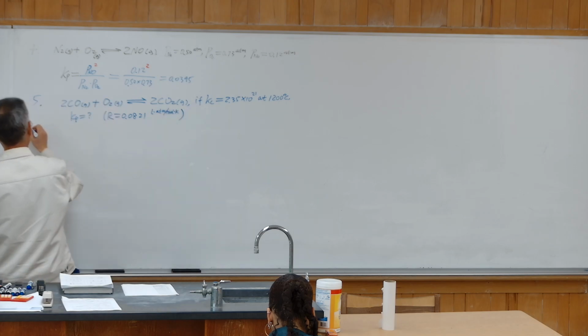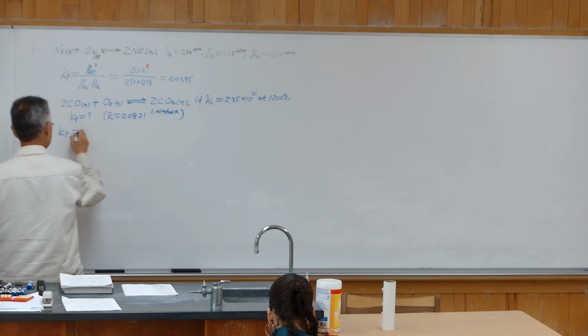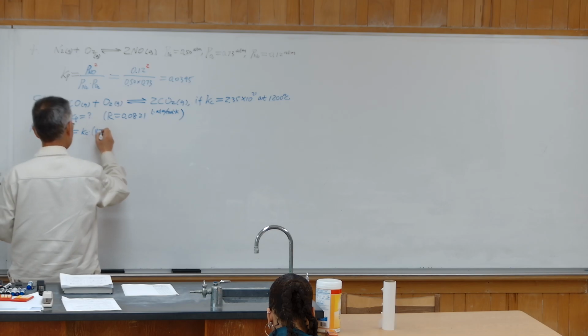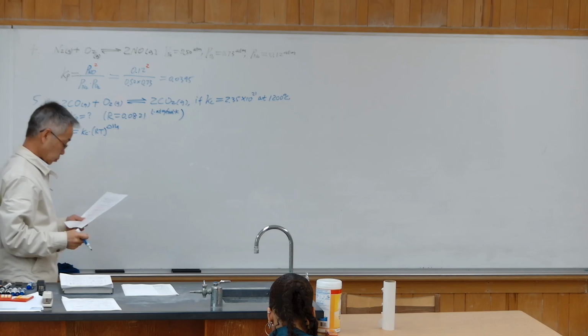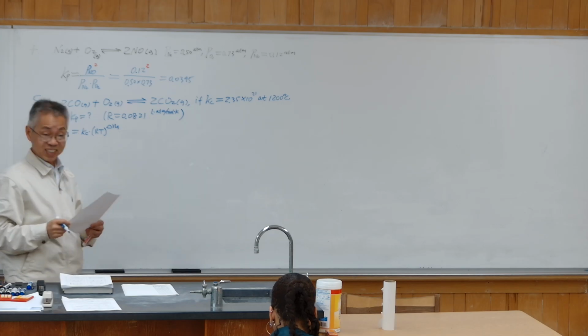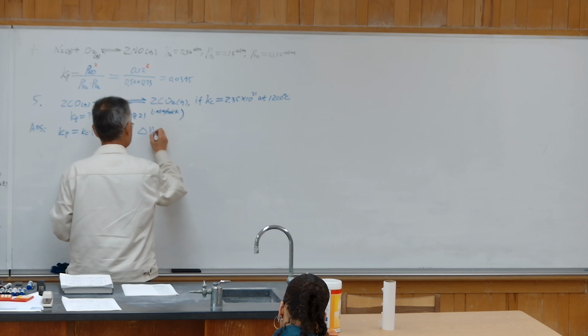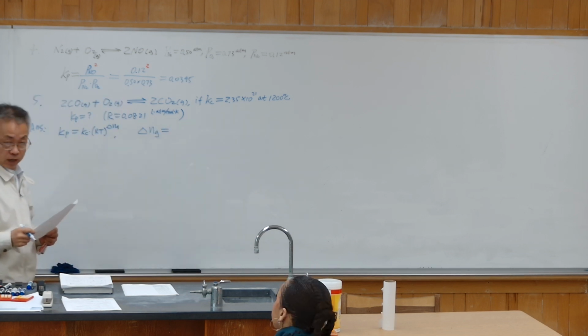So here we use the Kp and Kc relationship. Kp equals Kc times RT to the power of delta Ng. What does delta Ng mean? You need to figure this out.